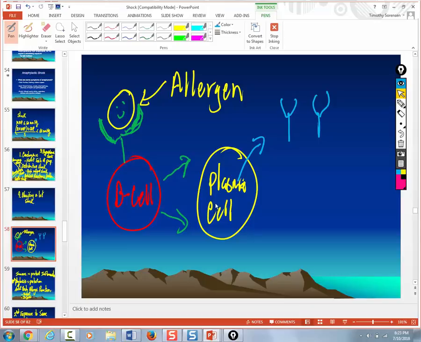So these are the antibodies that are produced by these plasma cells, and they're specific. These antibodies bind themselves to mast cells. What do mast cells contain? Histamine.